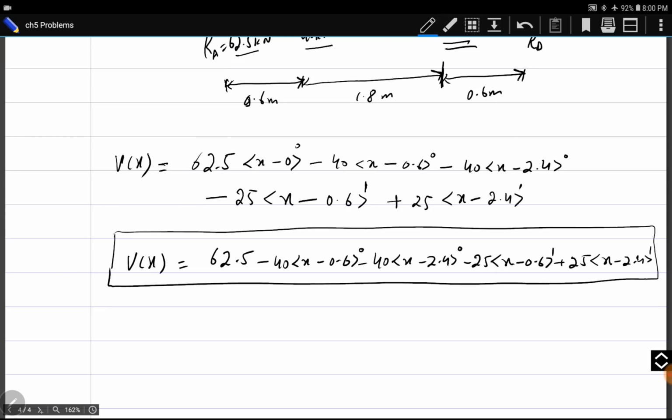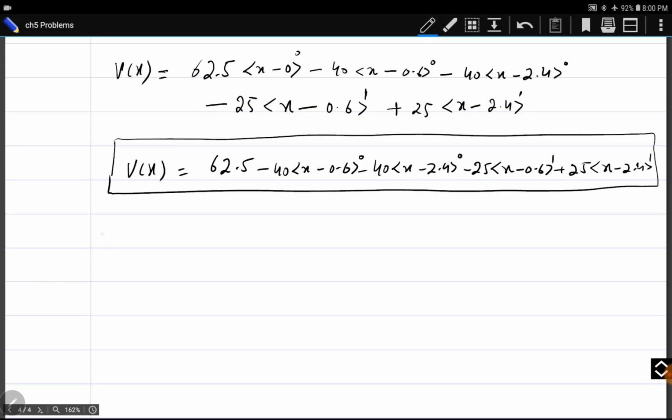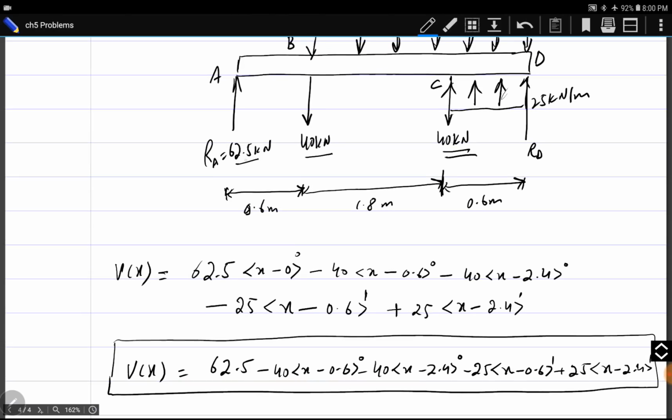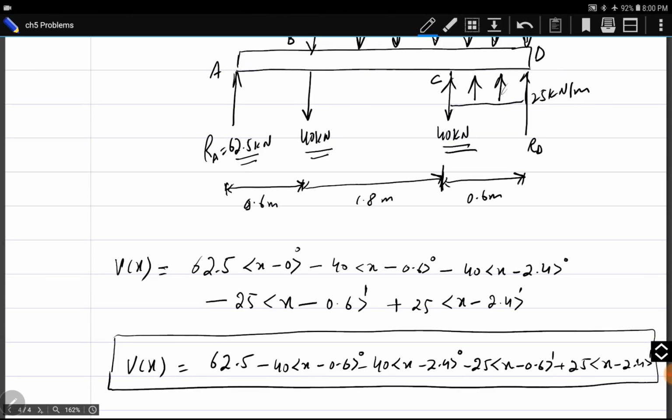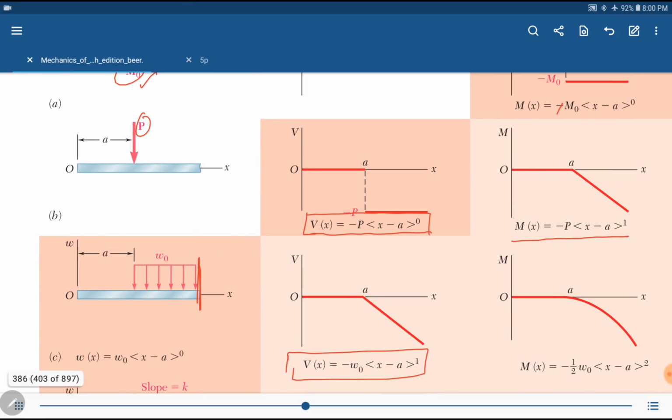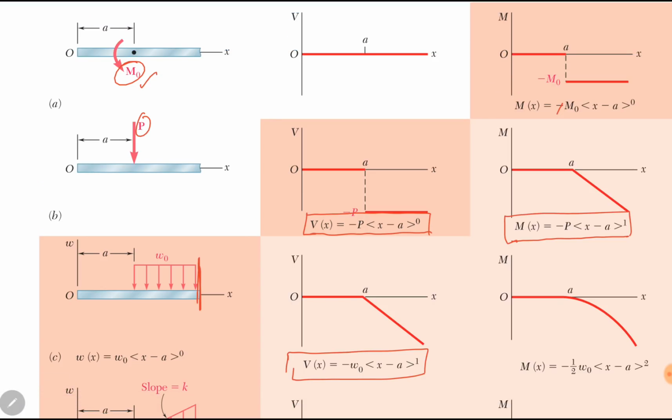Okay, for the bending moment, either we can integrate the shear force function, or we can write bending moment function again. We have three concentrated forces, 62.5 kilonewton, 40 kilonewton, and 40 kilonewton. So for all of them, the bending moment function will be like this: minus p into x minus a power 1.